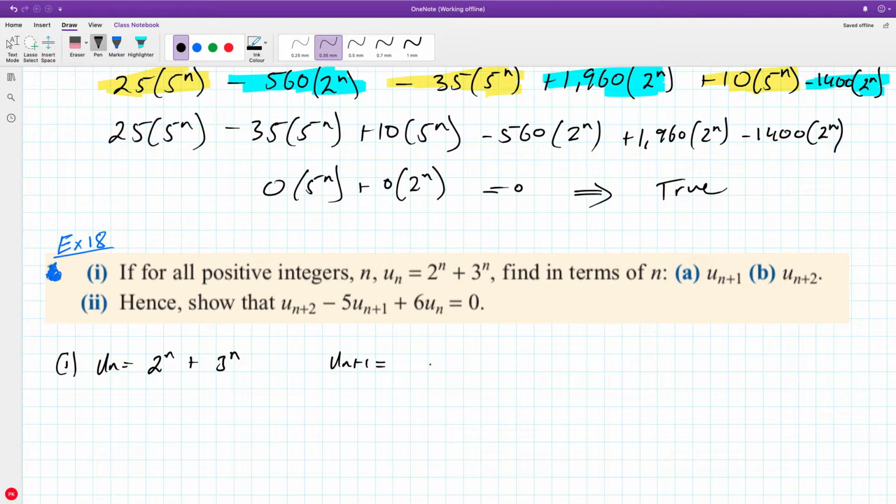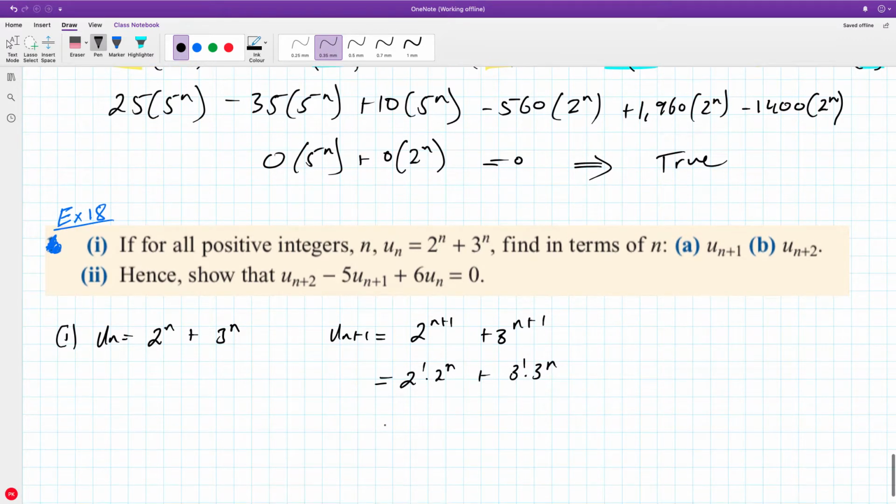Un plus 1 is equal to 2 to the power of n plus 1 plus 3 to the power of n plus 1, which is 2 to the power of 1 by 2 to the power of n plus 3 to the power of 1 by 3 to the power of n, which is 2 times 2 to the power of n plus 3 times 3 to the power of n.